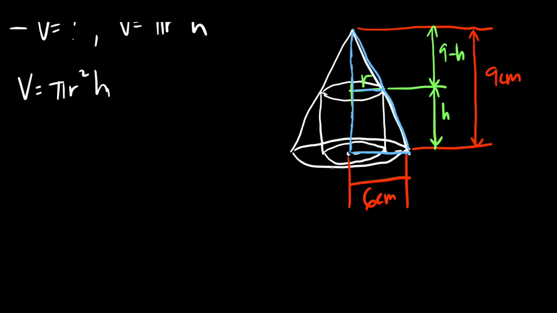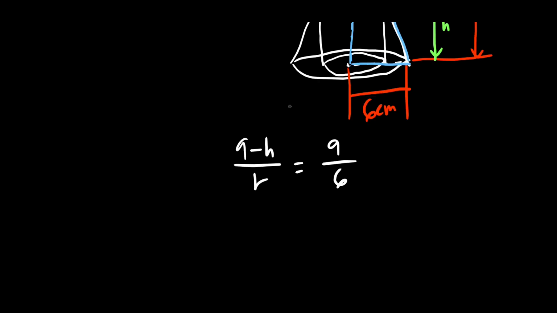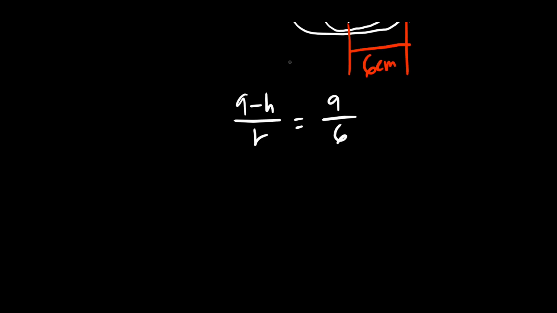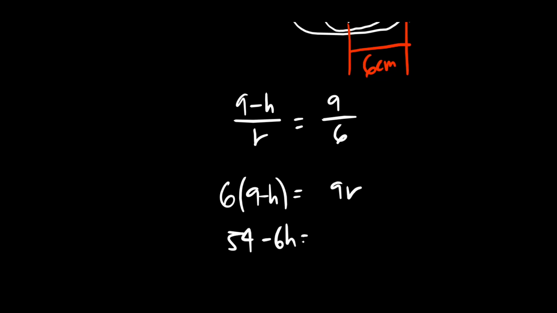So by similar triangles, 9 minus h over r is equal to the bigger h, so 9 over 6. So we'll solve this one. We have 6 times (9 minus h) equals 9r. So 9 times 6, 54, minus 6h equals 9r.